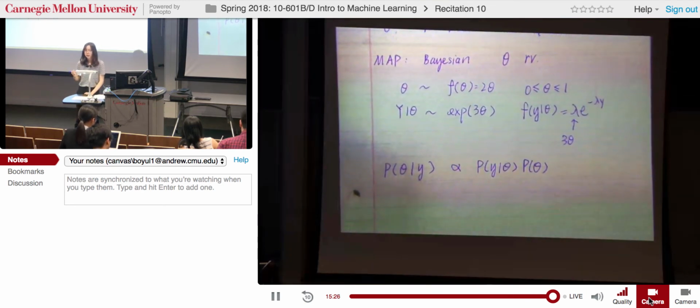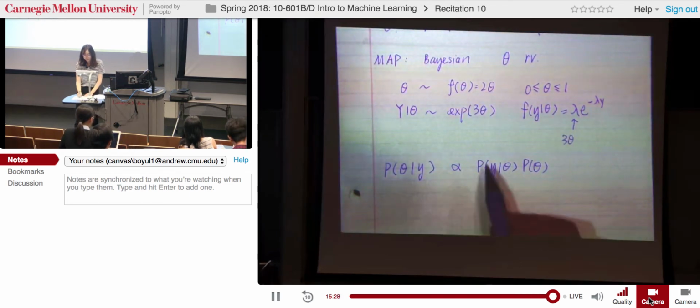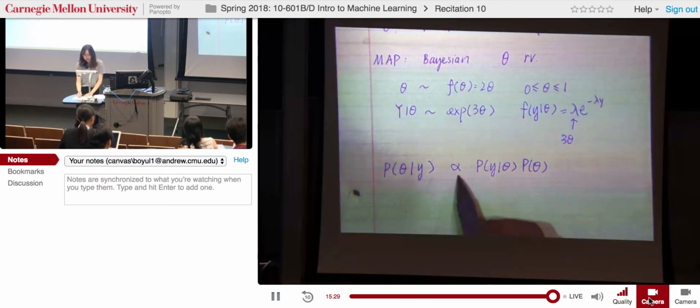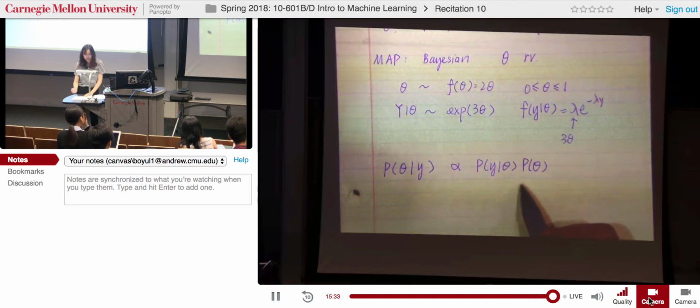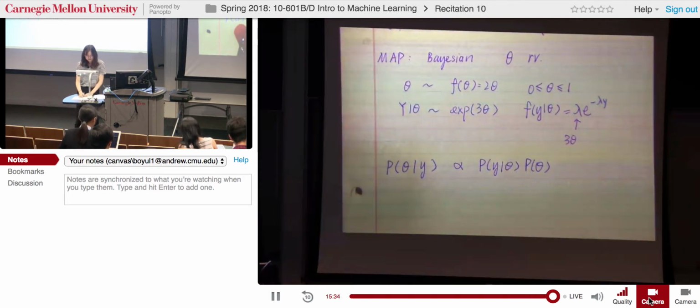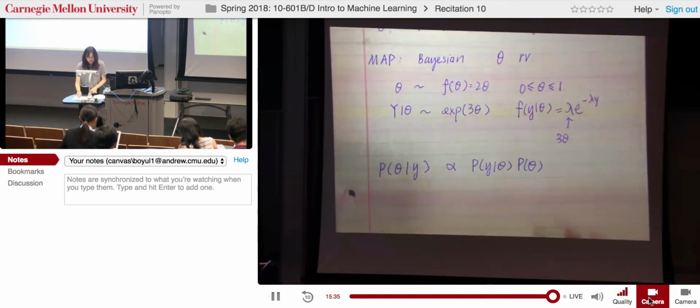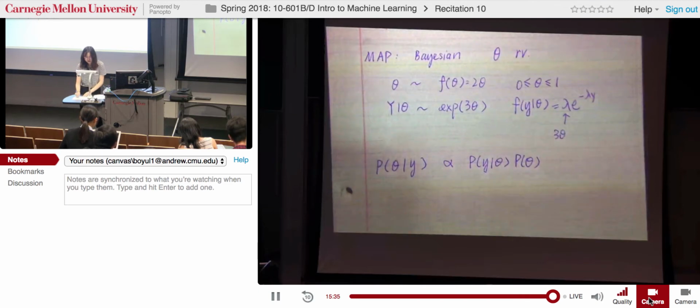Are we clear with this step? Because you just apply Bayes' rule. It would be equivalent if we put a denominator, dividing this entire term by the probability of y. But again, we're concerned about theta here.